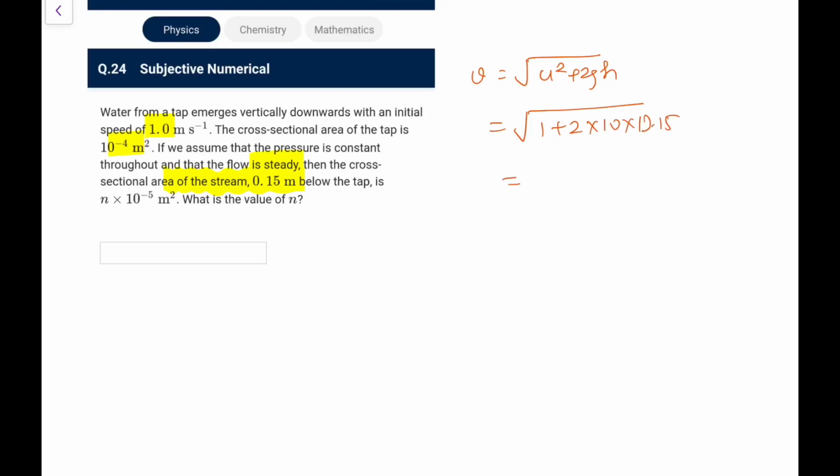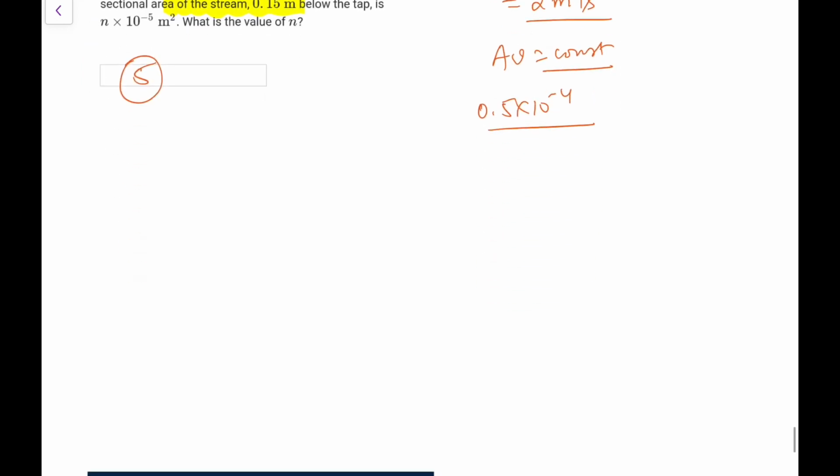So 20 into 0.15, that is 3, plus 1, 4, that is 2 meter per second. So speed has doubled, so the area will become half, because A into V remains constant. So AV is constant, V has become double, so area will become half. So it will become 0.5 into 10 to the power minus 4, or you can say 5 into 10 to the power minus 5. So the answer is 5, not a tough one.